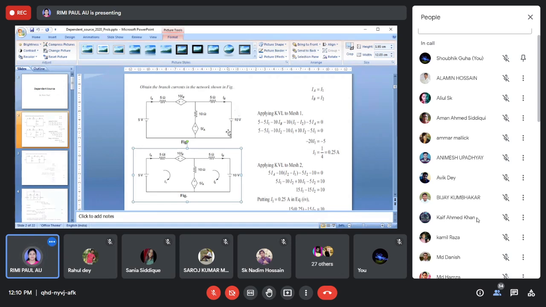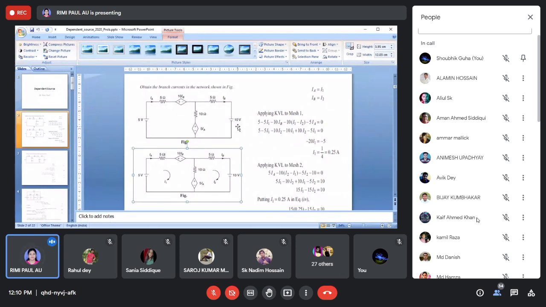Simple equation, how to find out IA? Suppose the node voltage is 2 volt, then what would be the IA? Here 5 volt with 5 ohm resistance, here 2 volt, here 10 ohm resistance, 10 volt.